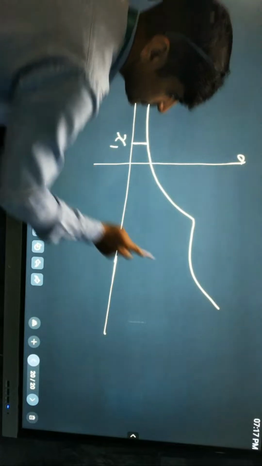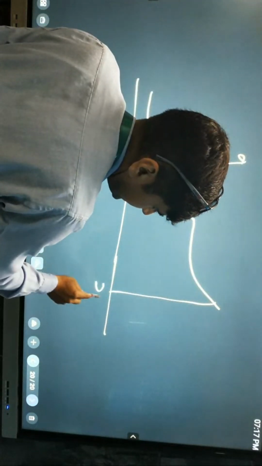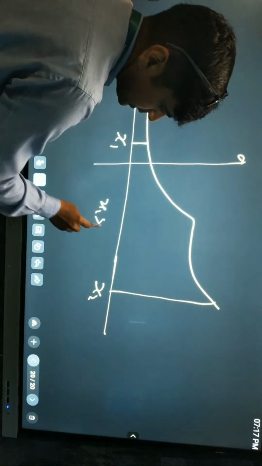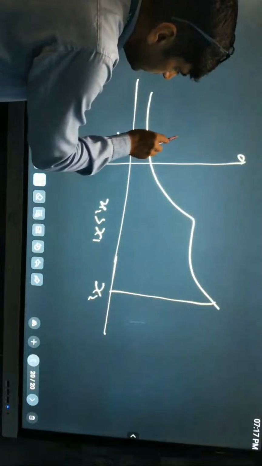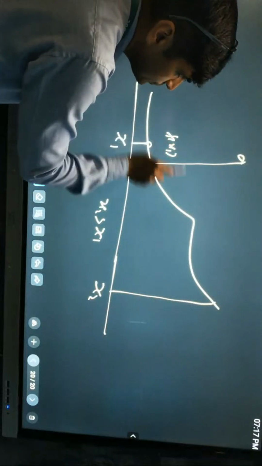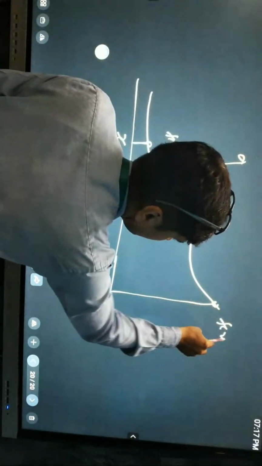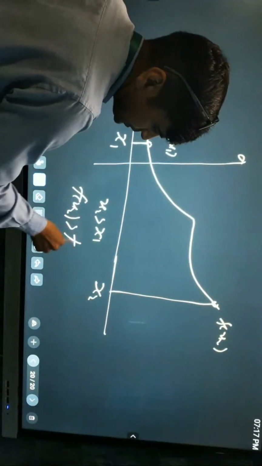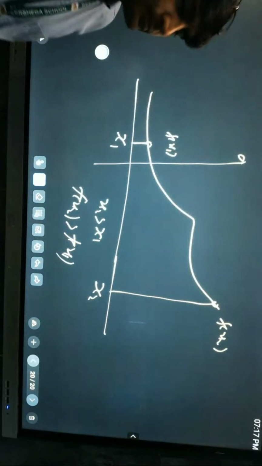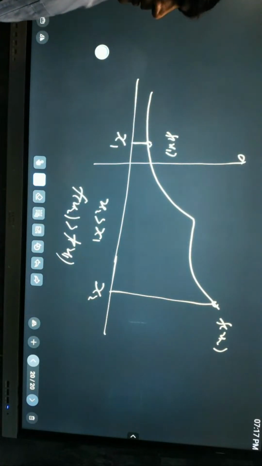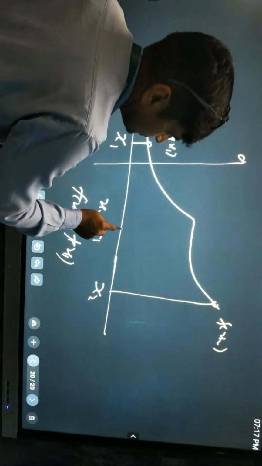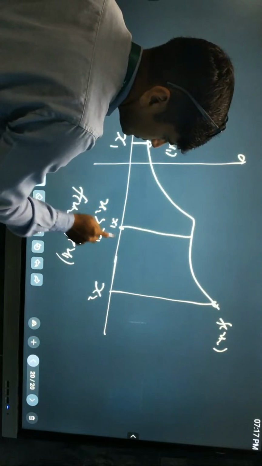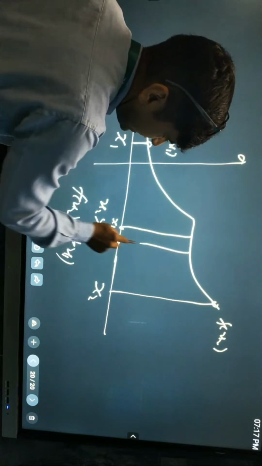First x1 here, another point x2, and x2 is greater than x1, and the functional value at x2 बच्चों is greater than functional value at x1. But at this point, this is x1 and this is x2 बच्चों.